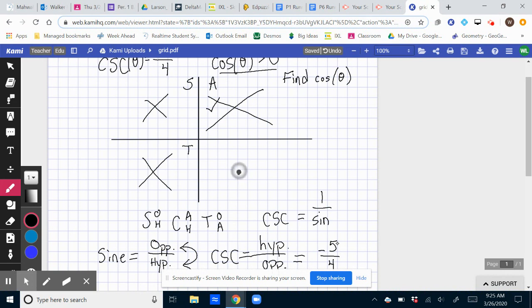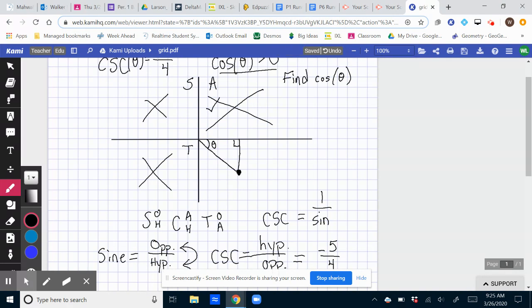It doesn't really matter where it is, you can just estimate the point. We already figured out we're in quadrant 4, so there's our point. You connect that point to the x-axis and connect it to the origin, and that's how you set up your right triangle. We always call this angle theta, the angle at the origin.